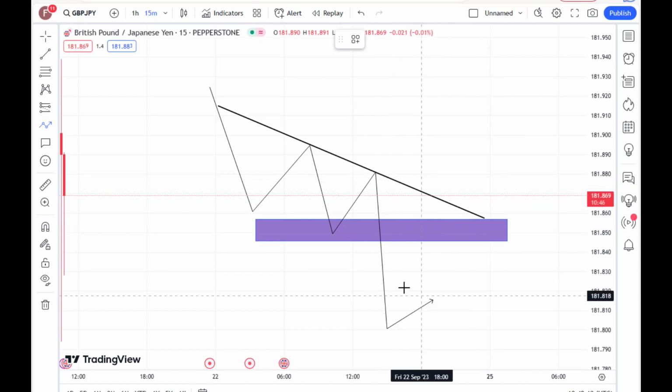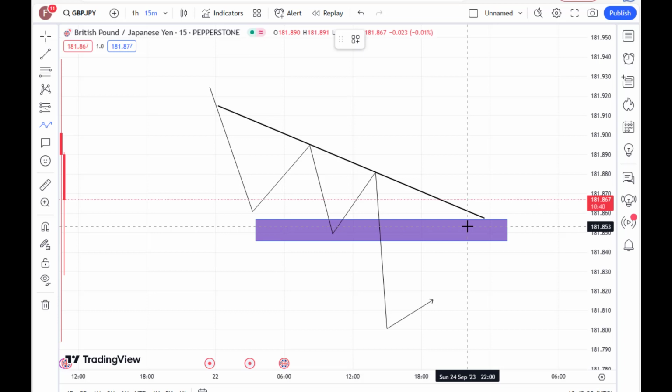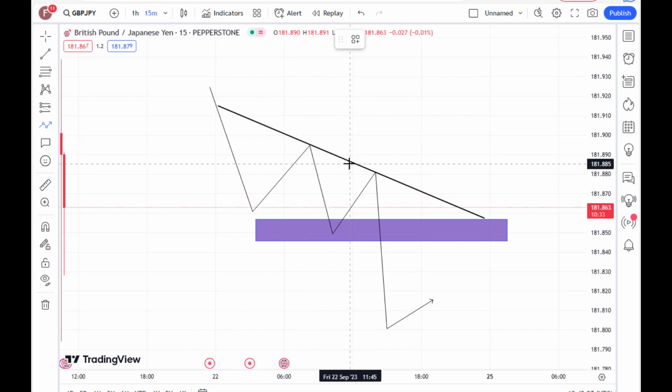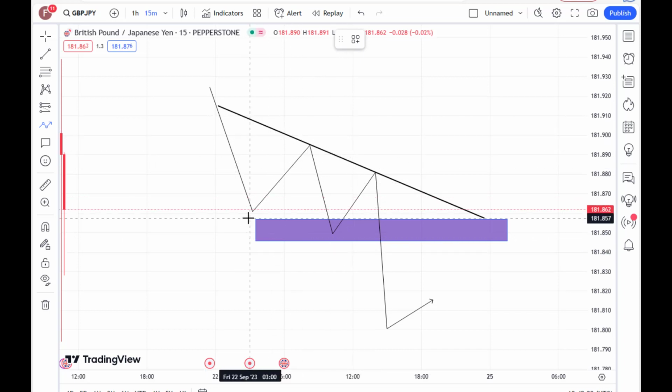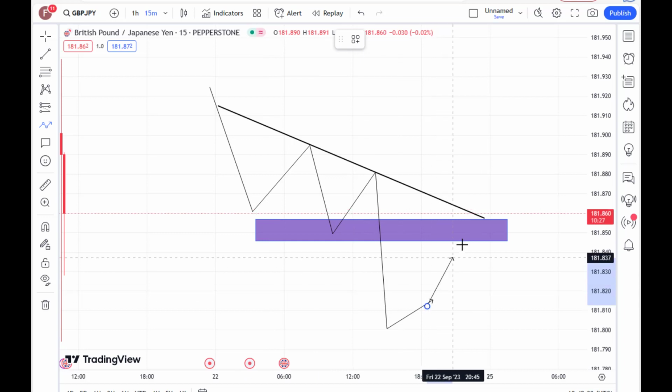Now you see that as it broke down from the zone, there's a possibility that if price goes up to this zone here, it's going to get rejected, because we have two confluences, not just the typical one trendline confirmation, because this zone turns to be a resistance zone. I'll wait for price to pull back to this zone here.